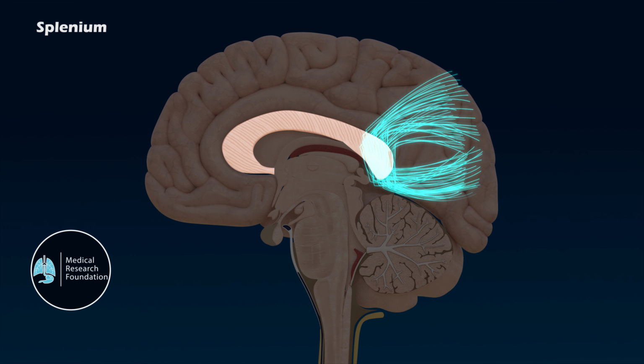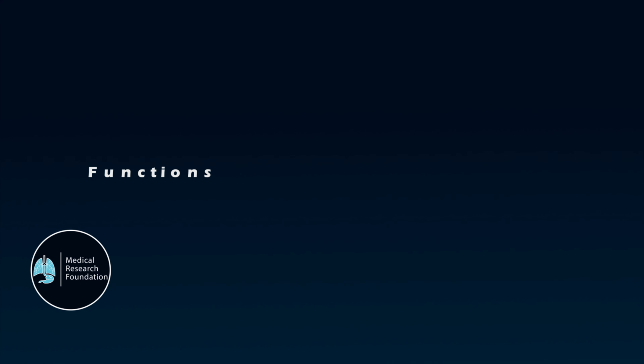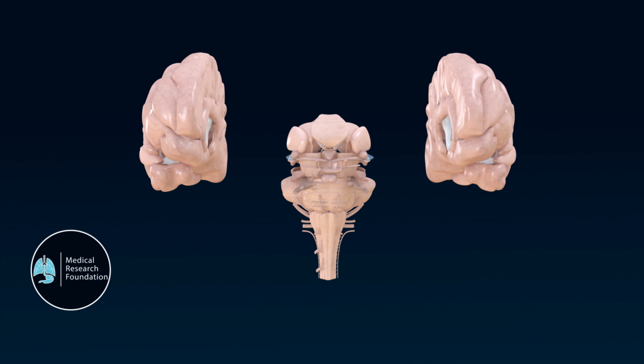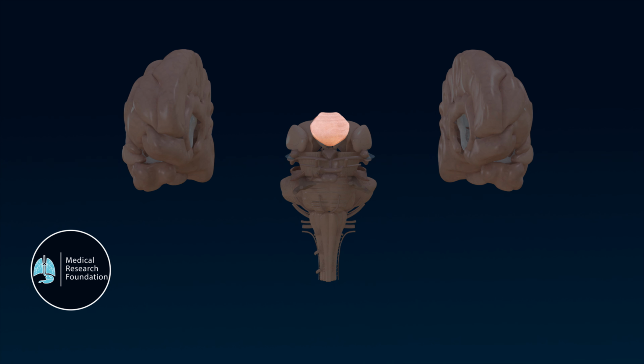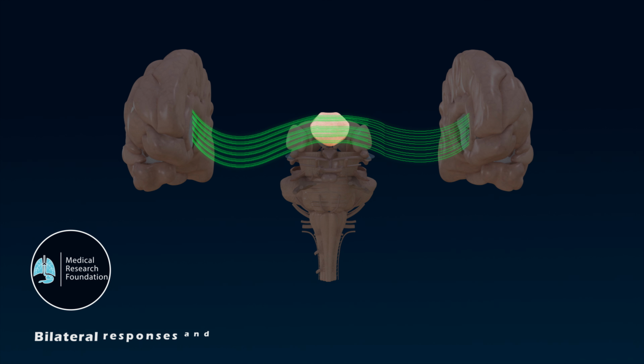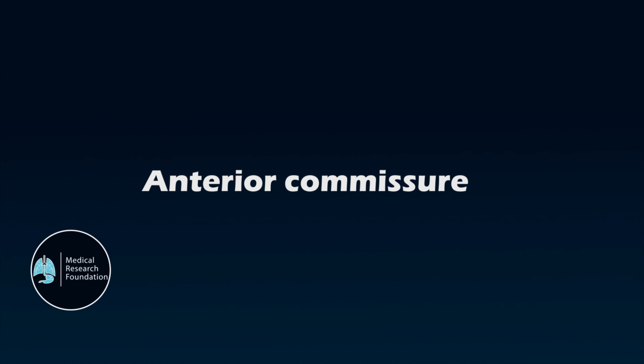The fibers of the splenium connect the parietal, temporal, and occipital lobes of the 2 hemispheres. Functions of corpus callosum. The corpus callosum is largely responsible for interhemispheric transfer of information, which is essential for bilateral responses and learning processes.